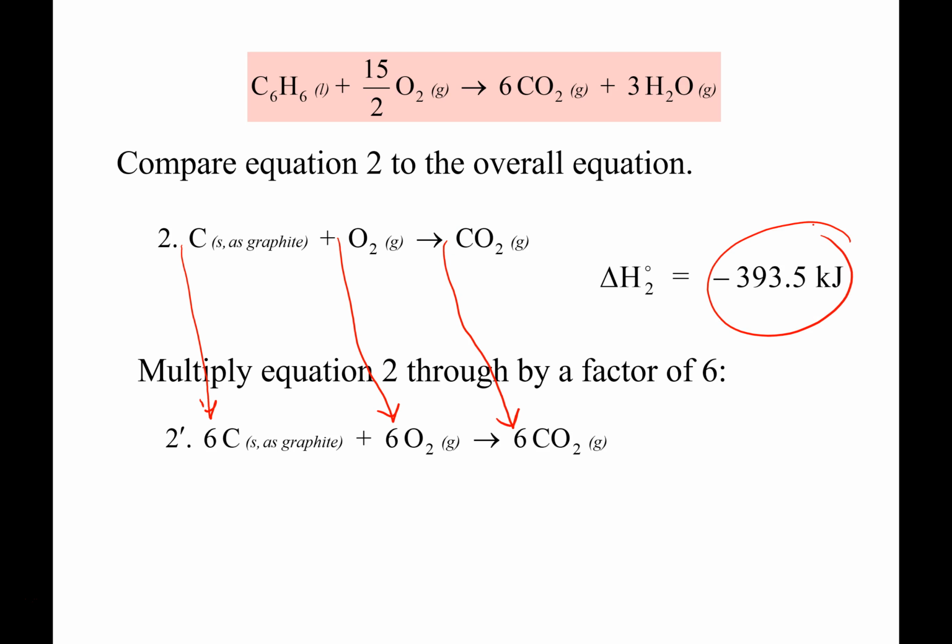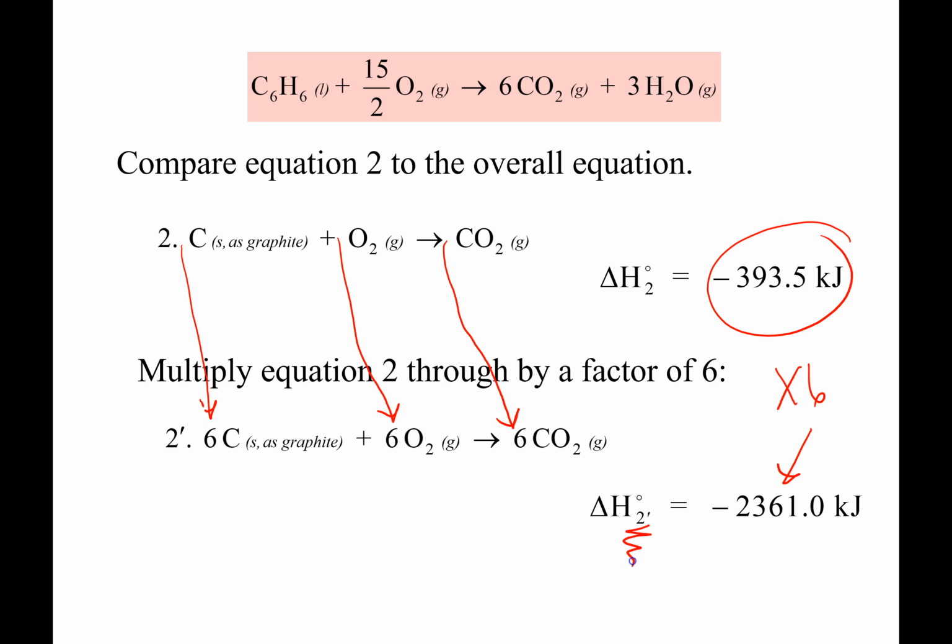This is simply times 6. So if you take negative 393.5 kilojoules of energy, which seems like a lot, you get negative 2,361.0 kilojoules. Can you see where that's my 2 prime?